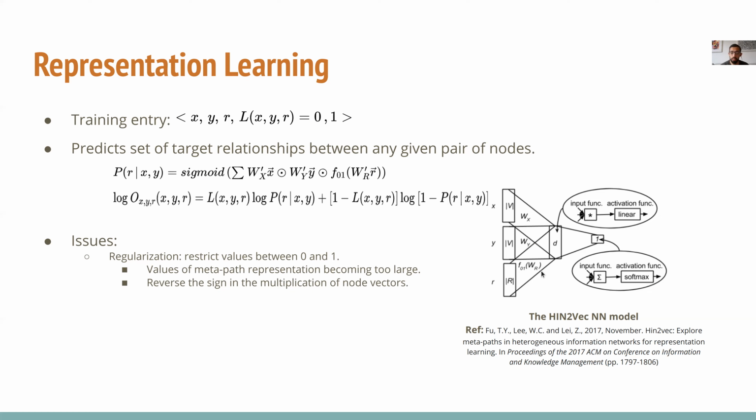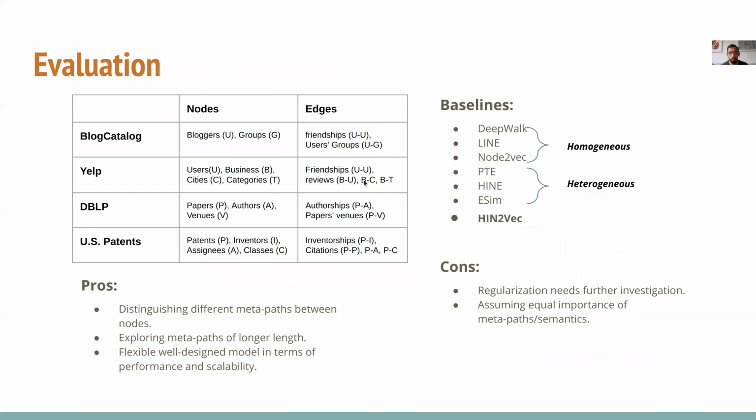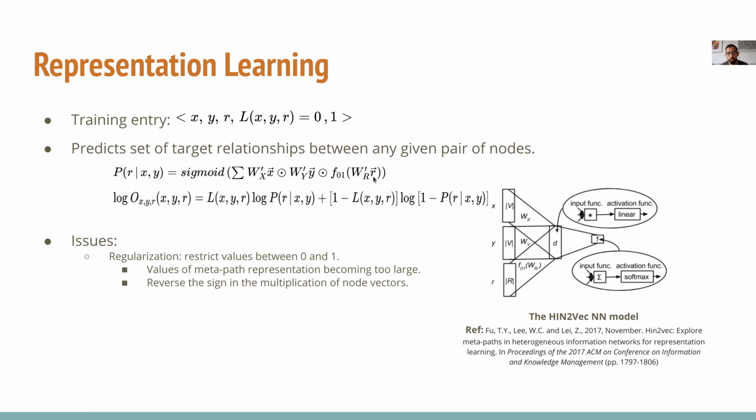But with a slight modification here, we can see this f function. So Wr is actually fed through a function f before it gets multiplied with the other terms. We can see this here in this formula. So we can see that R times W goes through this function f before it gets multiplied with the others. And we only apply this on the relation embedding, not the nodes embedding.